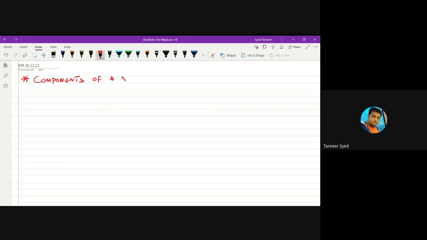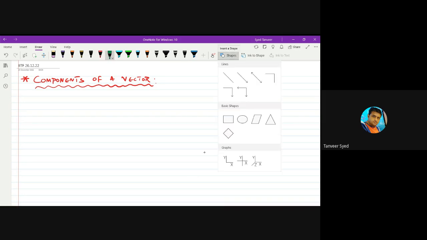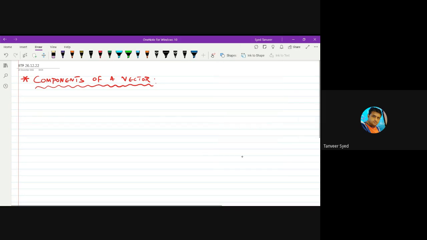Components of a vector. Very important concept. See, we are given two vectors. One is like this.